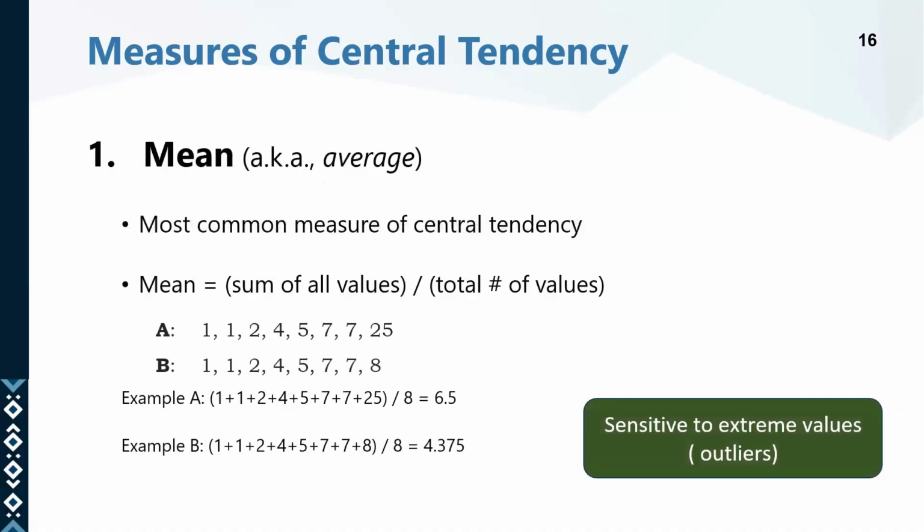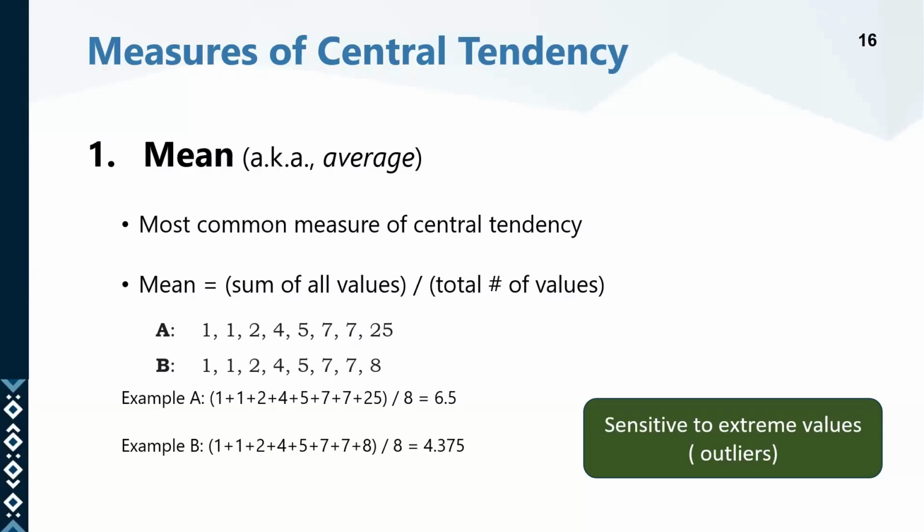So the mean, also called the average, is the most common measure of central tendency that we use, and it's gotten by taking the sum of values in a data set and dividing by the total number of values in that data set. For example, here we have two groups of values, A and B, and we get the mean by adding the individual values and dividing by the number of values.